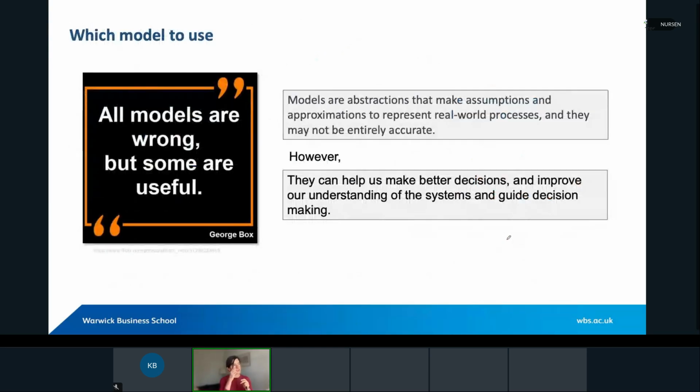So you may ask which model to use, which model is the best. There is a really good quote from the statistician George Box: all models are wrong, but some are useful. These models are representations of the real world, but they make assumptions. If you consider the customer churn problem, we don't use all of the information about the customers.